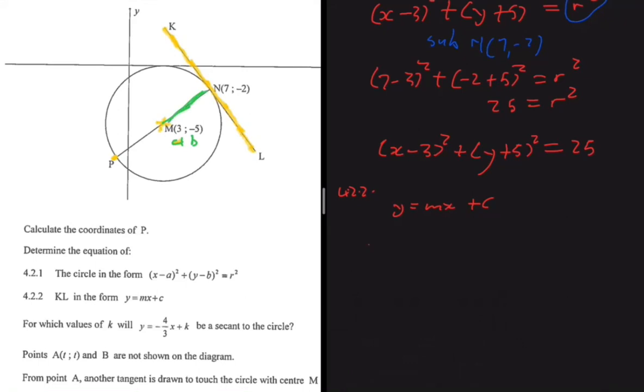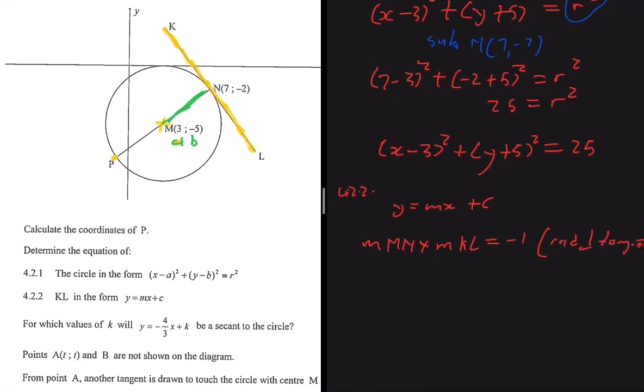So we're gonna say that the gradient of MN multiplied by the gradient of KL should be equal to minus 1, right? Because the radius is perpendicular to the tangent, right?